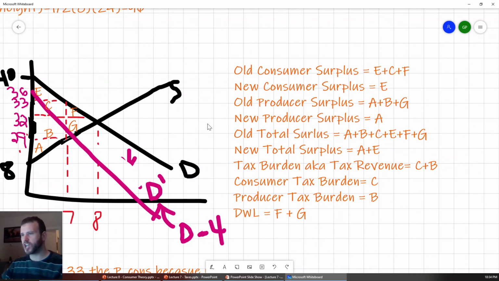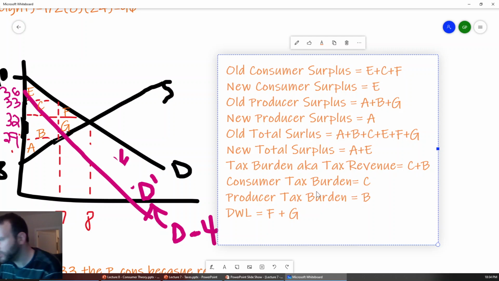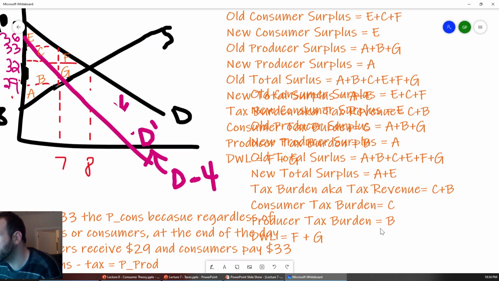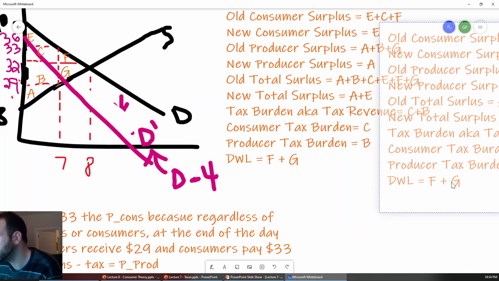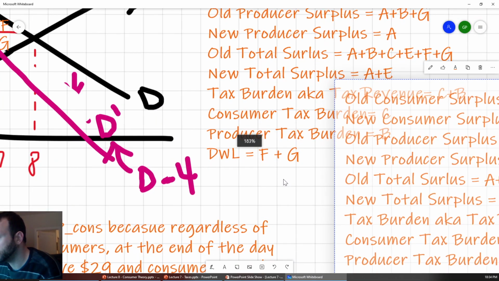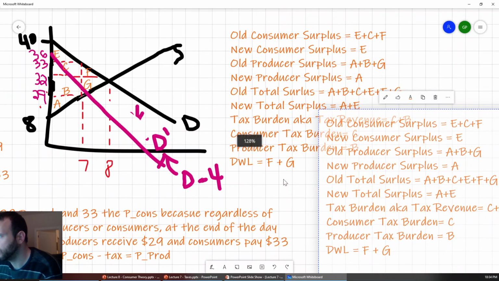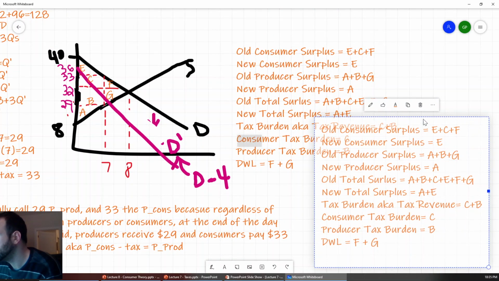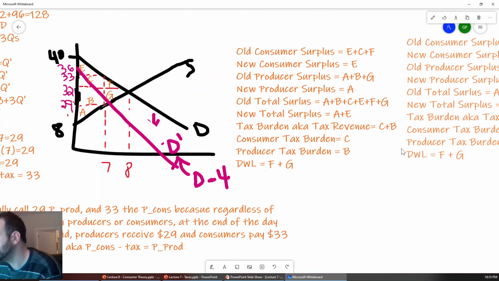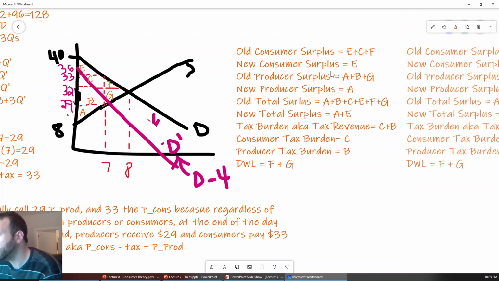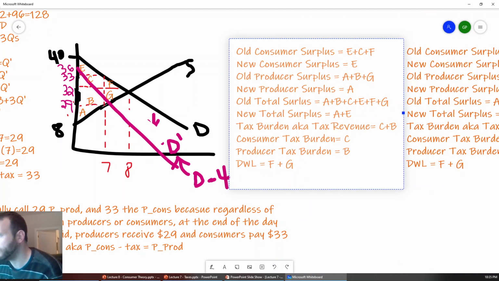Okay, so if you wanted to solve this, what you could do is just find the different areas that you have. I'm going to bring this over so that it's still there, and then I'm going to fill in these areas.